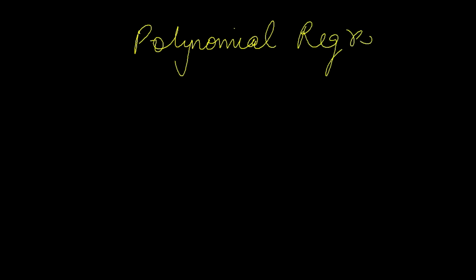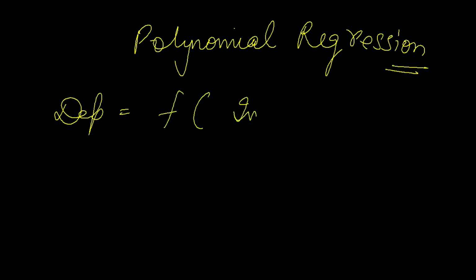Now we will see what is this polynomial regression. In polynomial regression, the relationship between the dependent variable and all the independent variables which are present in our dataset is not linear.